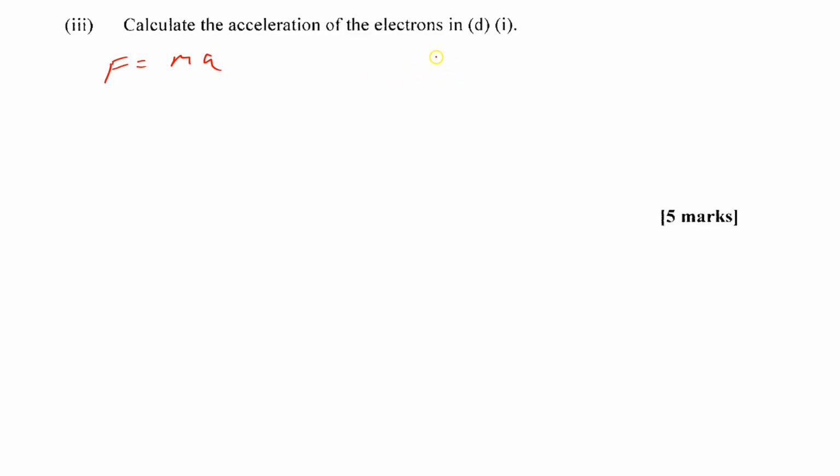Because as you can imagine, if an electron is going to experience a force, it is going to be as a result of the electric field. An electric field is just that region through which a charged particle experiences a force.